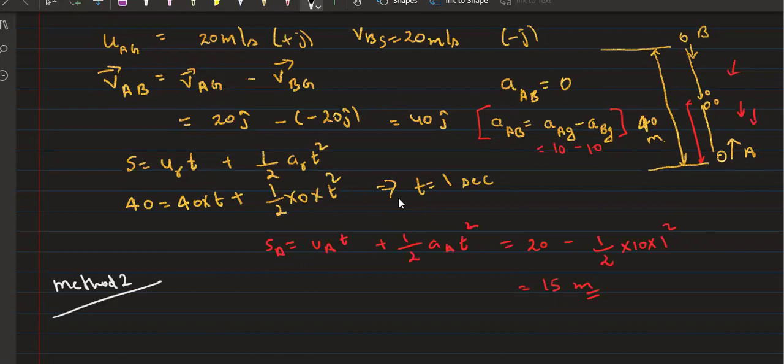This question can be asked in your Olympiad without even using relative motion. If they are colliding at this point, the distance traveled by A plus the distance traveled by B should be equal to 40. Yes or no?